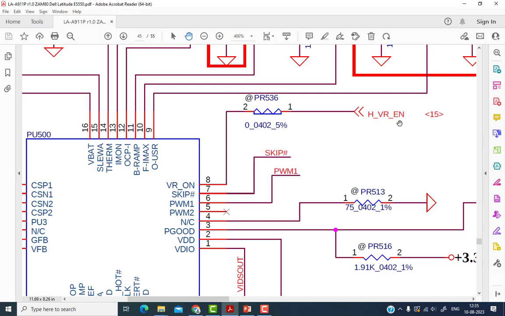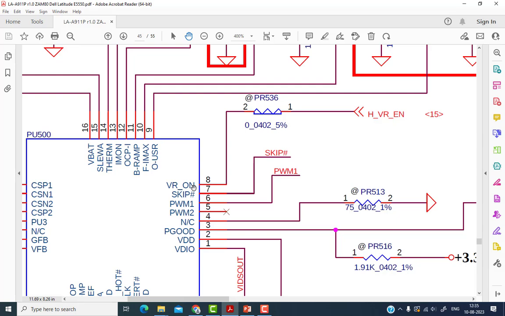How much voltage will be there at VR on? You will get from 1 volt to 3 volt. This signal is coming via this resistor, called PR50536, and the value of this resistor is 0. So this VR on signal is coming and gives enable to pin number 8.